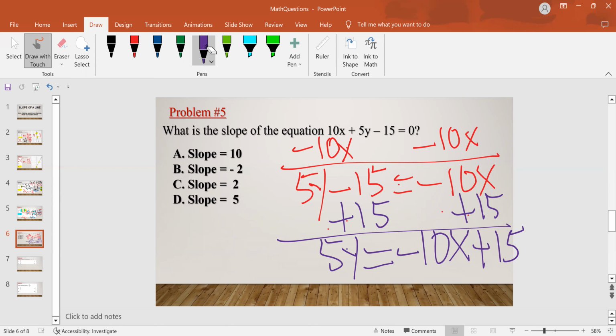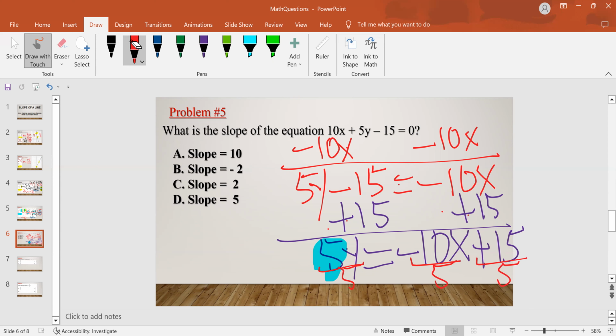Okay, almost done. Because the goal is to get the y alone without the 5, what we'll do is divide everything here by 5.